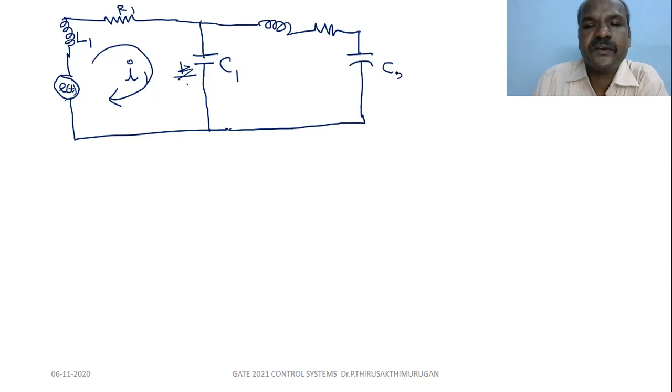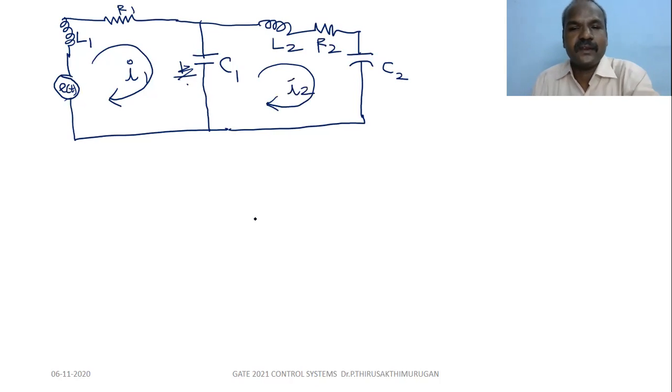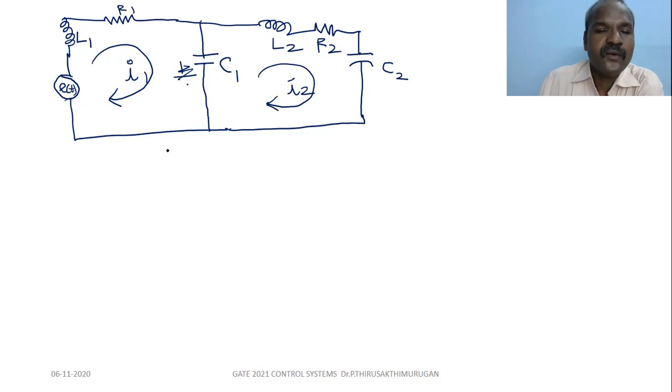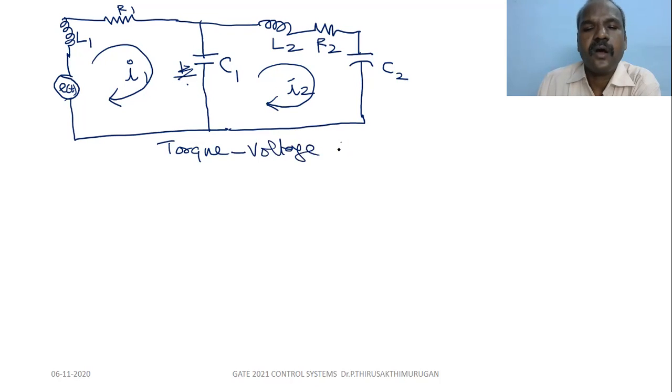This is C2, this is R2, this is L2, again current I2. As per this second loop equation: L2 dI2 by dt plus I2 R2 plus 1 by C2 I2 plus 1 by C1 of I2 minus I1. This is the required torque-voltage analogous system.